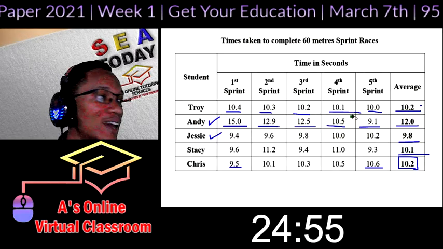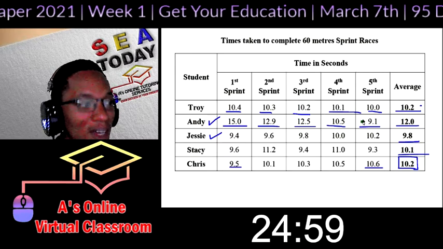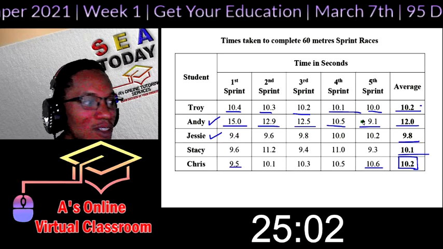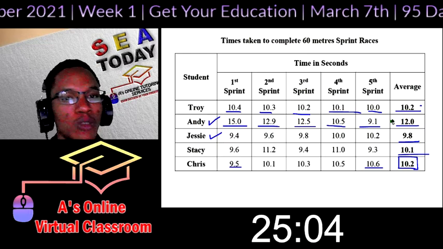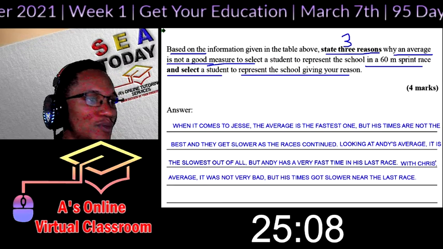And this is why average in this case is not a good measure, because Andy could run 9.1 seconds and his average is the slowest. So I would actually choose Andy.